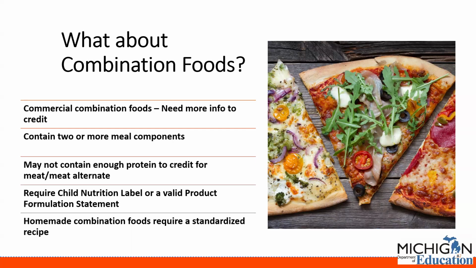And some will credit towards a grain component or a partial grain component. But keep in mind, they might not have enough to meet the full requirement, whether it be grain or meat alternate. They again require a child nutrition label or a product formulation statement. And if they are homemade combination foods, you definitely need a standardized recipe for those foods.